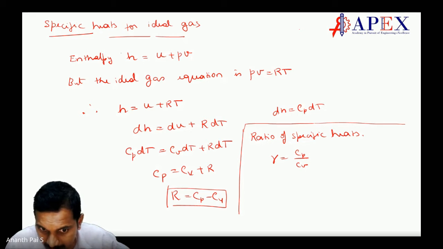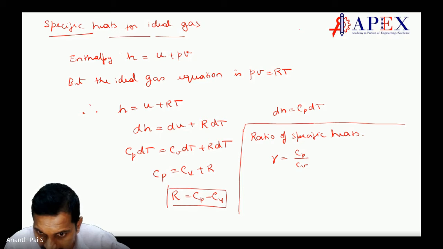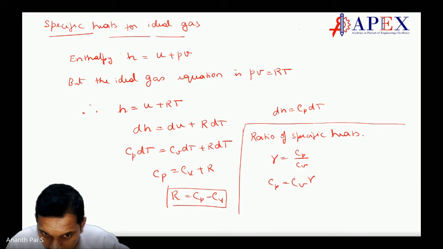We can write a lot of equations from these things. I can write Cp is equal to Cv into gamma, correct? Or what is Cv?